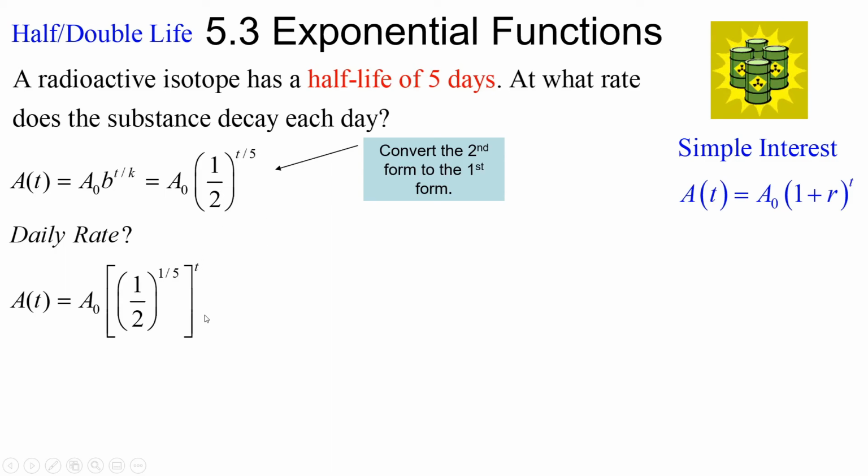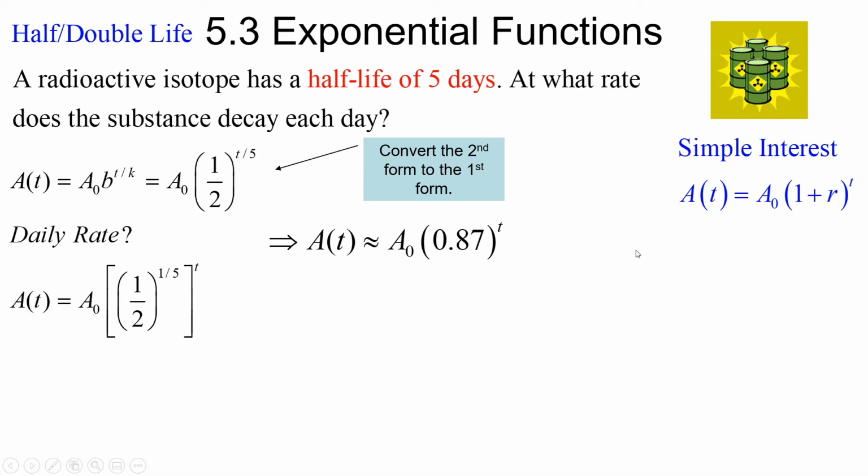There we go. Now, all I need to do is punch this out on a calculator. So A of t is approximately A sub 0 times 1/2 in parentheses to the, make sure you put this 1 over 5 in parentheses, that power, and my calculator gave me 0.87.